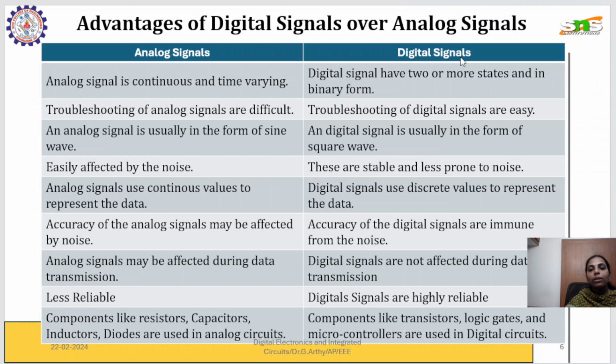And if we see the digital signal, it is either on or off. So when a waveform is drawn between on and off, then it looks something like a square wave. Then analog signals are easily affected by noise, but digital signals are very less prone to noise. Analog signal uses continuous values to represent the data. Digital signal uses discrete values to represent the data.